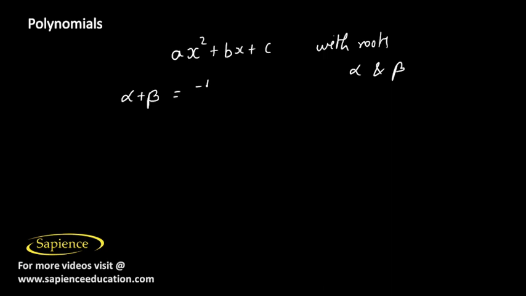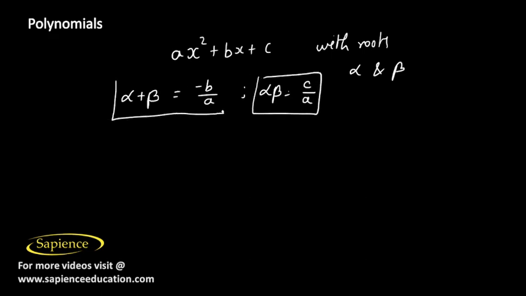So for any quadratic polynomial ax square plus bx plus c with roots alpha and beta, the sum of the roots will be minus b by a and the product will be c by a. This is the relation between the zeros and coefficients of a quadratic polynomial.